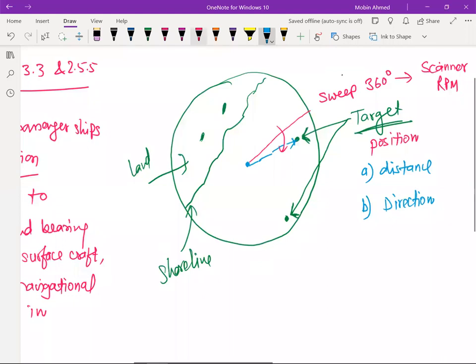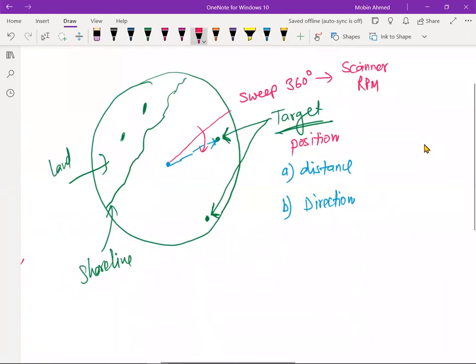In the radar terminology, this distance is known as range. Remember what is the range? And generally, the range is measured in nautical miles. Okay, so NM we can say nautical mile. It will be in nautical miles. And direction, this is known as bearing. Bearing. Direction means bearing. Okay, and this is in degrees.